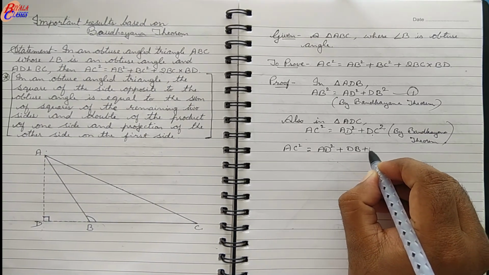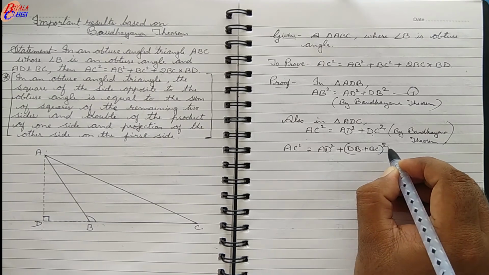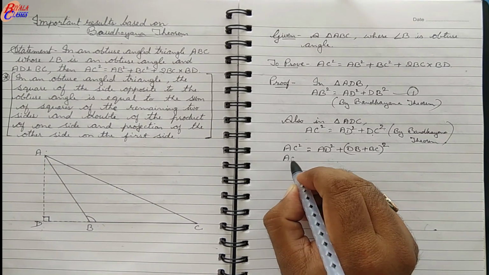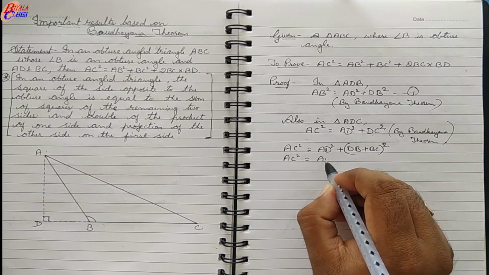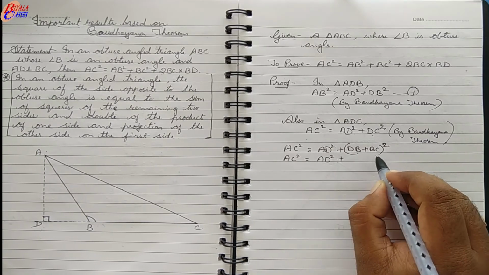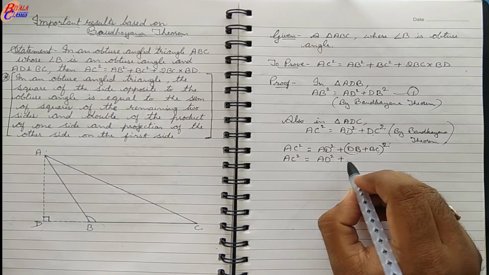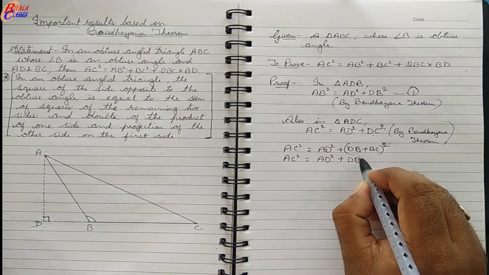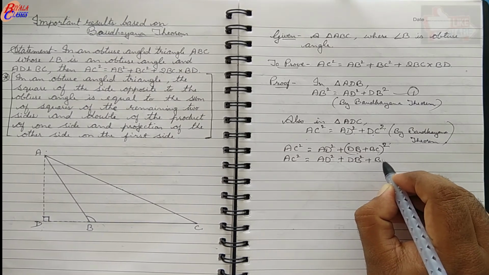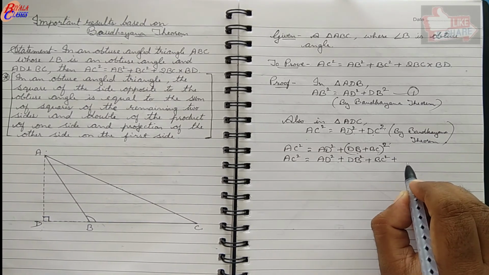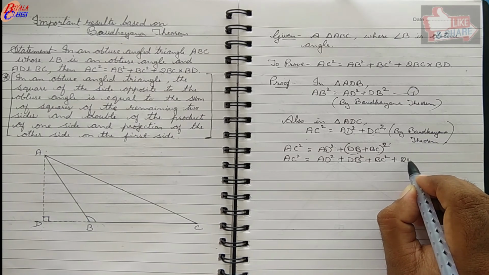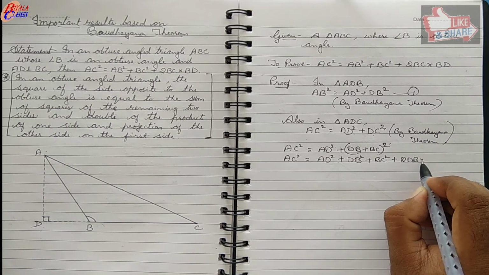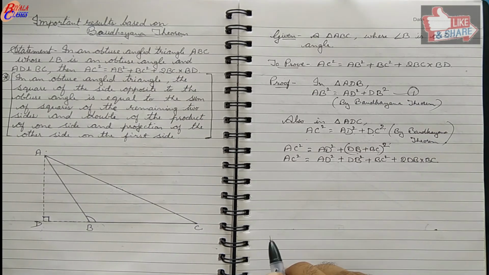So it is DB plus BC whole squared, and we can further rewrite it using the identity A plus B whole squared. So it is written as DB squared plus BC squared plus twice DB multiplied by BC.